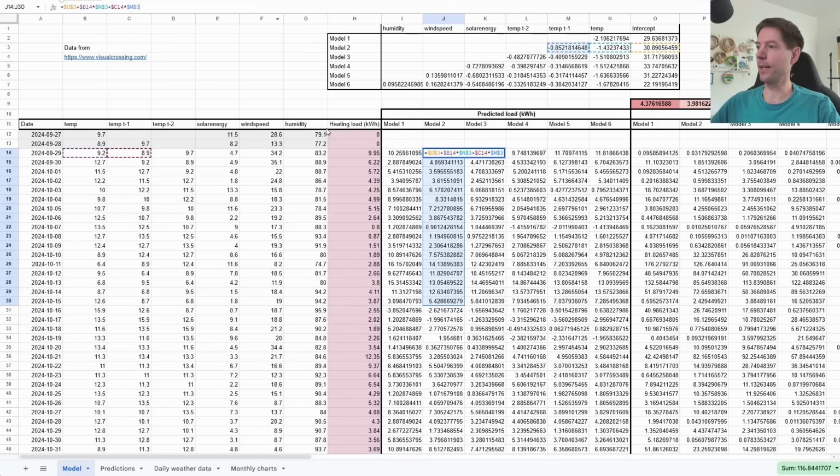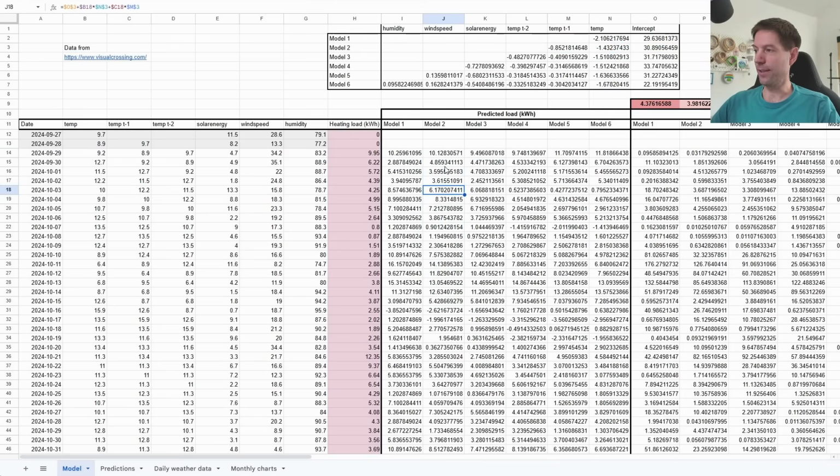This time I'm taking today's temperature multiplied by the slope for today's temperature in this model, minus 1.43 kilowatt hours per degree C, and also take yesterday's temperature and multiply it by the parameter for yesterday's temperature. So in that case, minus 0.852 kilowatt hours per degree C for yesterday's temperature.